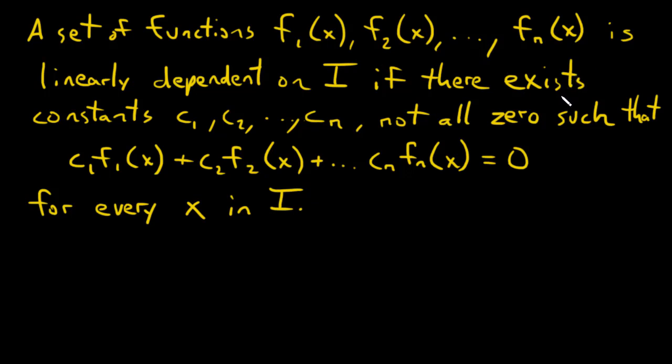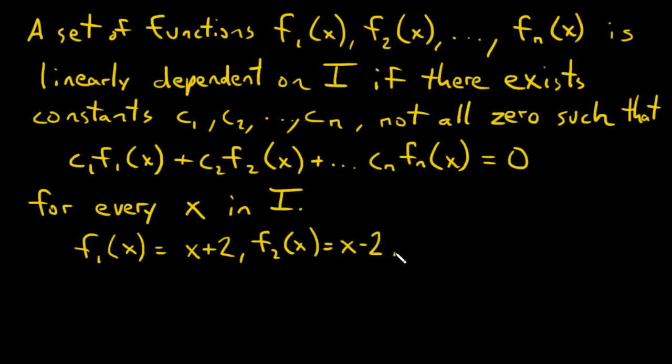Okay, what does that really mean? Well, let's say I have, I'm making this up, so I hope I don't mess this up. F1 of x equals x plus 2. F2 of x equals x minus 2. And F3 of x equals x.